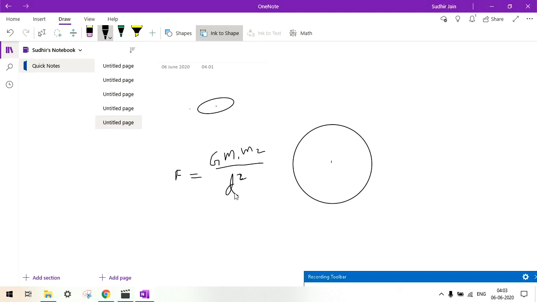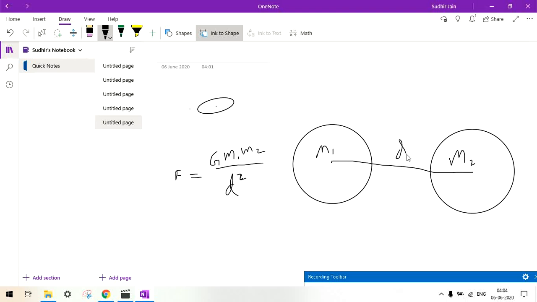Now if you see, it is d square, so if you halve the distance between, let's say, these two masses m1 and m2, and this is the line joining their centers, and let's call it d. It says that if I halve the distance between them, the force will change.